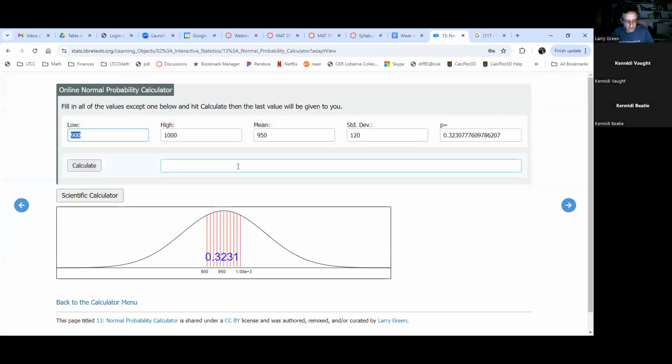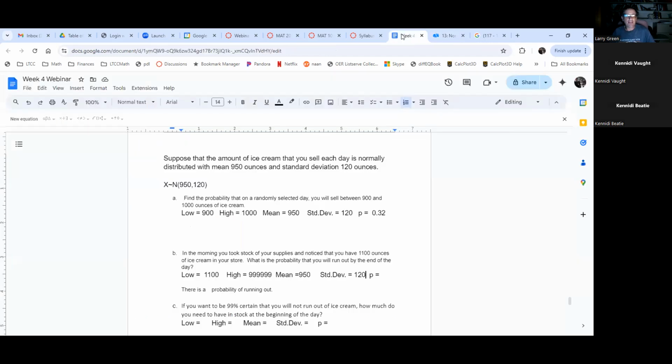So that's going to be 1,100 to a bunch of nines. Same mean, same standard deviation. I'll leave the probability blank. And I calculate. Rounded to 2 decimals, it's 0.11, or about 11% chance.